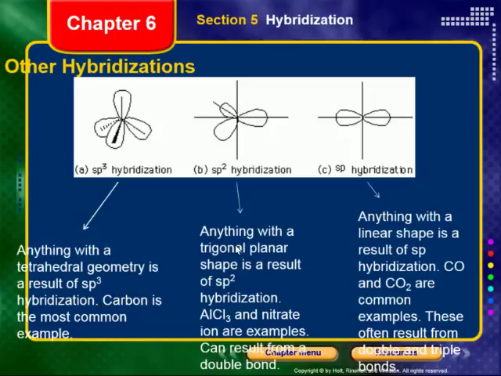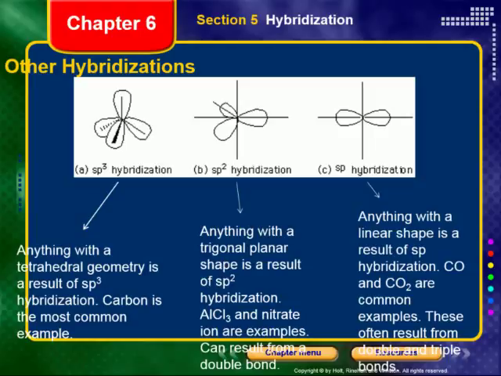But anything that has a trigonal planar shape, which we should be a little bit familiar with from our work last time in class, is a result of sp2 hybridization. With sp2, we've taken the s orbital and 2 of the p orbitals and hybridized them. So we've only taken 2 of the p orbitals.